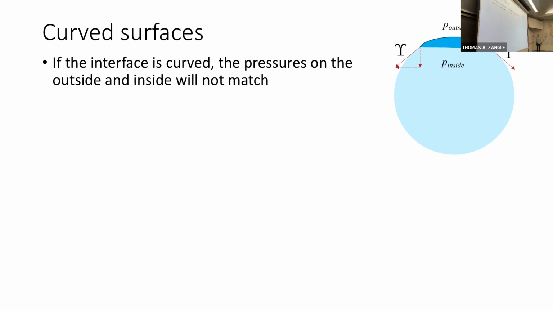Now we're doing a force balance on this little tiny piece of fluid. So we're no longer considering some arbitrary cube in space, but this rounded cap of the fluid drop. I'm saying in this problem, there's a pressure inside of this droplet of water, and there's some pressure outside, like atmospheric pressure.